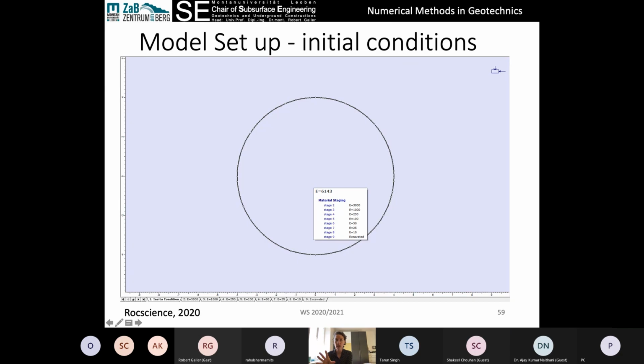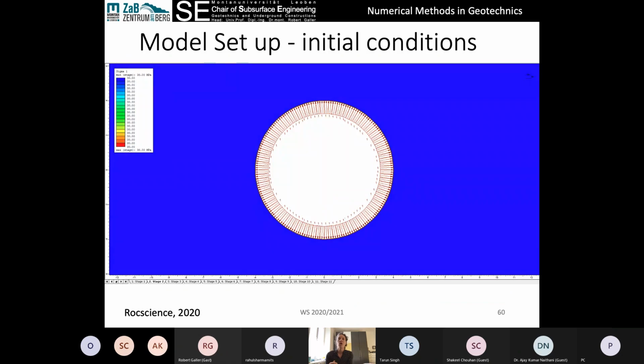We haven't excavated anything. We are just putting in what the stress in the rock mass, or the soil mass, is before we excavate. We can do it this way, or we can create our excavation and apply a stress on the excavation boundary that is equal to our in situ stress conditions.